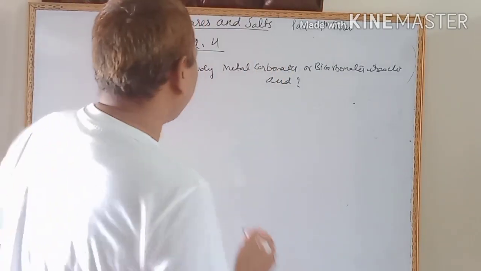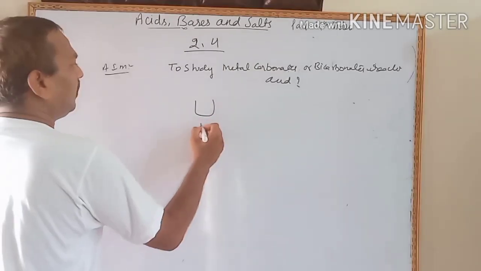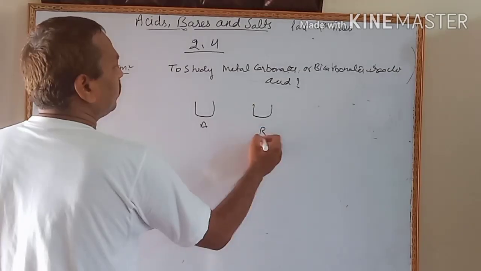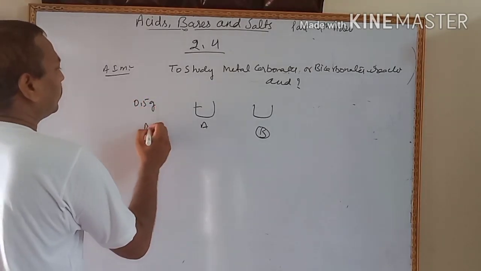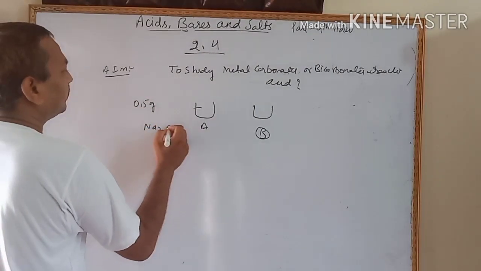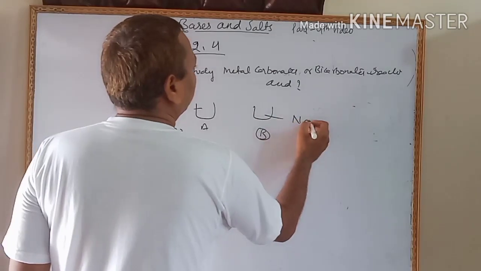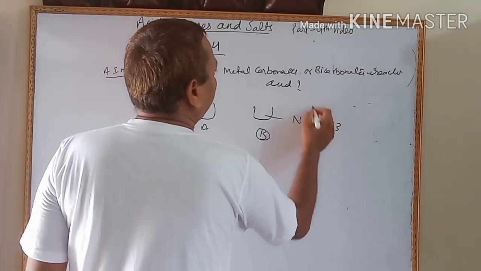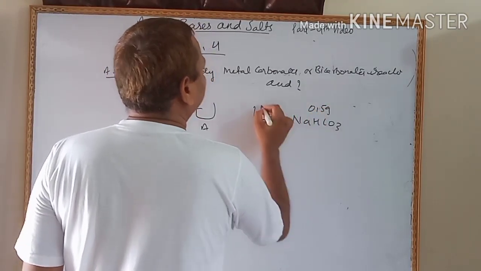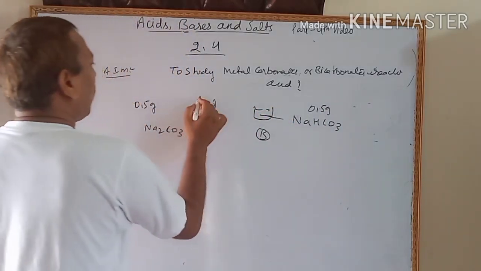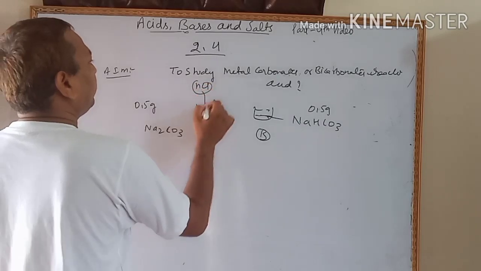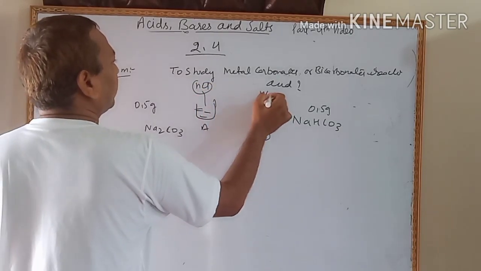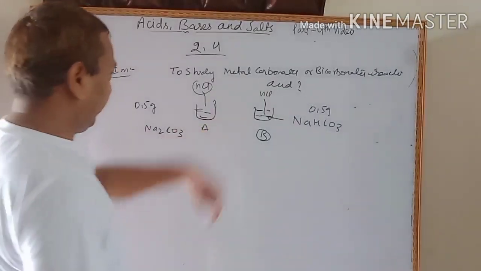See, this is test tube A, this is test tube B. Now take 0.5 gram of sodium carbonate and sodium bicarbonate, the same amount, and add HCl.